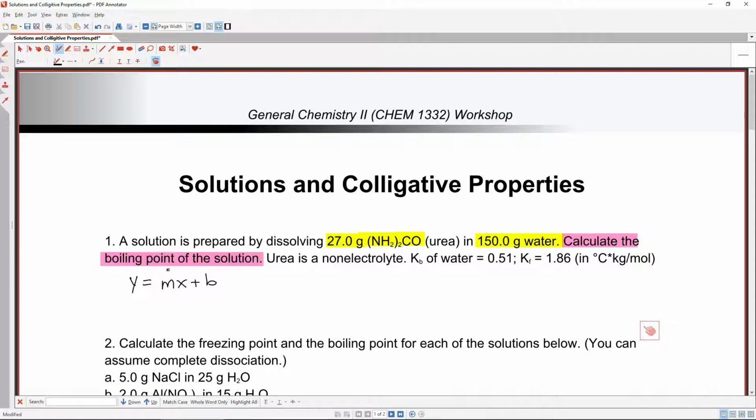So the new y is going to be our new boiling point, so the boiling temperature is equal to our m, some constant. For a line mx plus b, m represents your slope, and the slope of this line is Kb, the same thing as this Kb here.